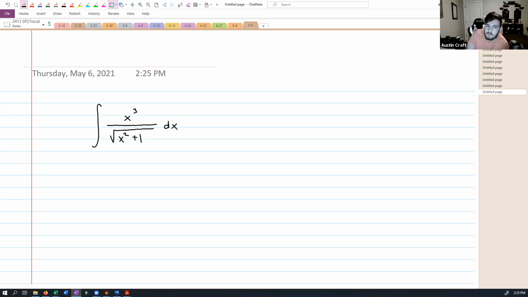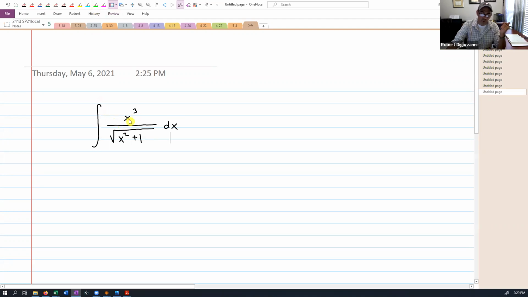Yeah, it does. So on a problem like this, the tricky thing is you might want to say x cubed because the derivative of that is 3x squared and you see x squared here. But because the x squared is down in the denominator, trapped under a root, you do not want to go that way.